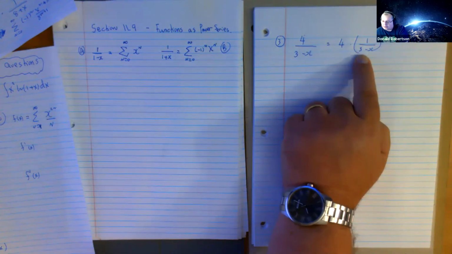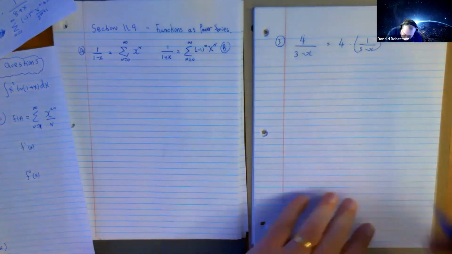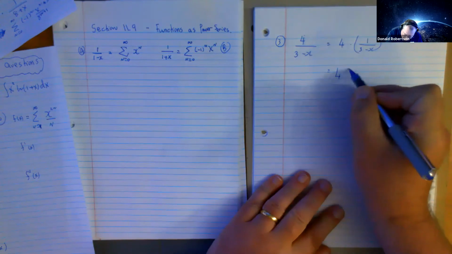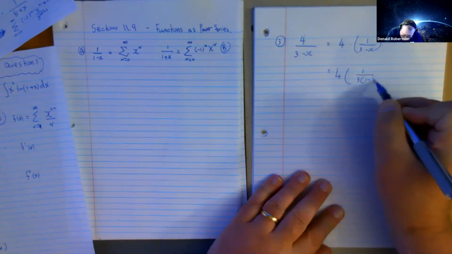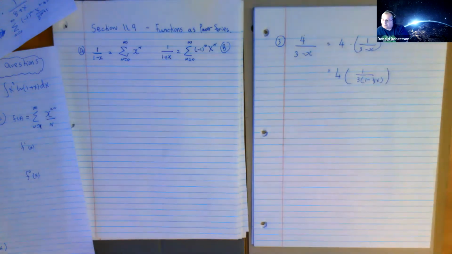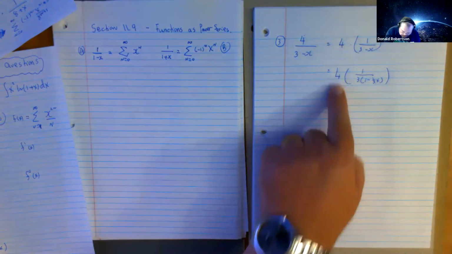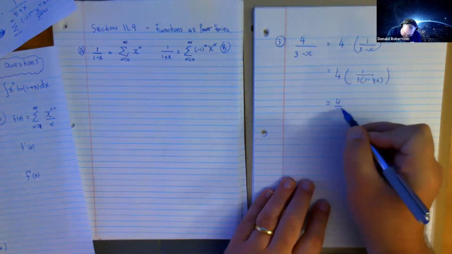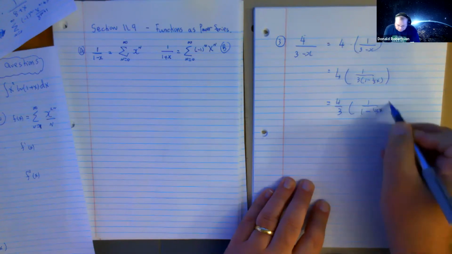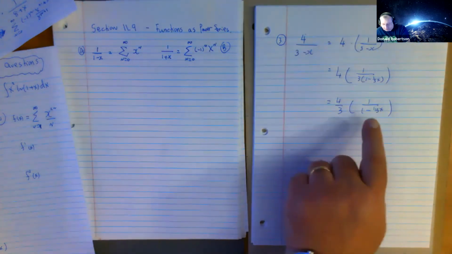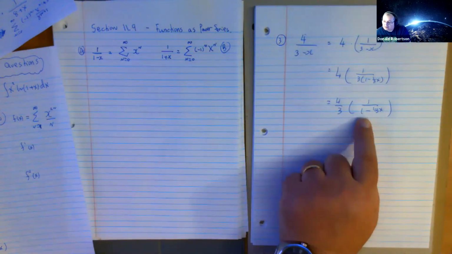Like the previous question, what I would then do is something like that. I'm going to suck that 3 out. So this guy gets transformed into this guy.